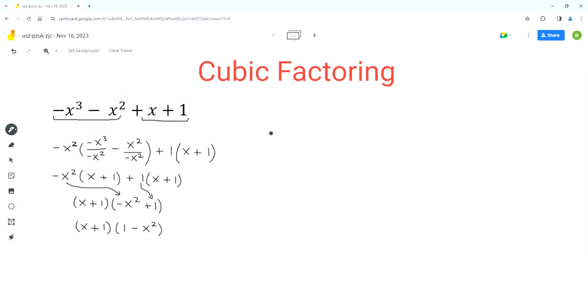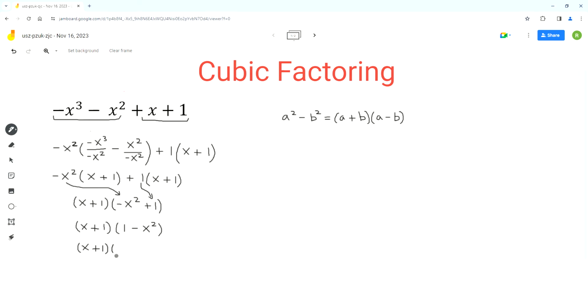So I'll write the formula for difference of squares on the board. So difference of squares method formula is a squared minus b squared can be written as a plus b times a minus b. Now in this case, first parenthesis stays the same because we cannot factor it anymore.